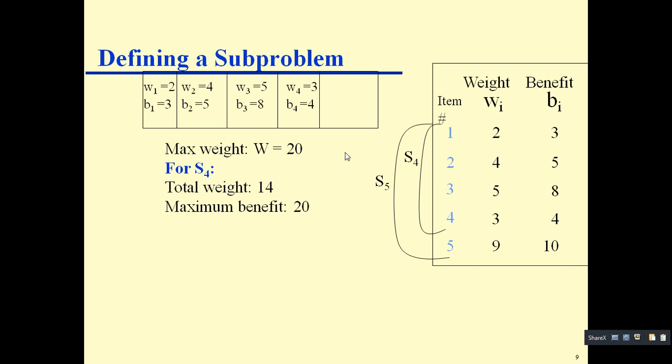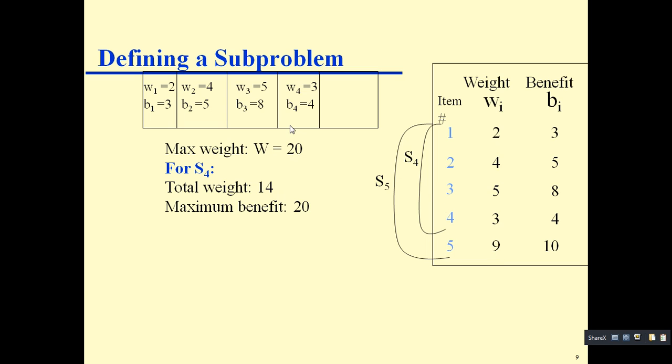So now let's try one possibility. Let me pick item 1, item 2, item 3, item 4. Is it allowed? Let me check. If he is picking all these 4 items, then he has to carry the weight 2 plus 4 plus 5 plus 3, 14. Yes, this 14 can be accommodated in this knapsack because the capacity is 20 kg. Right, but you cannot include this one because 14 plus 9 will be 23.